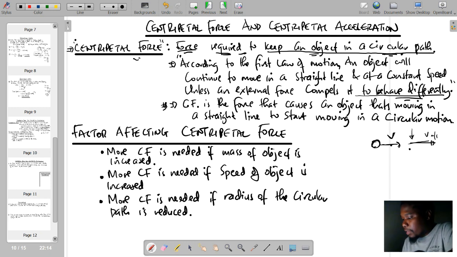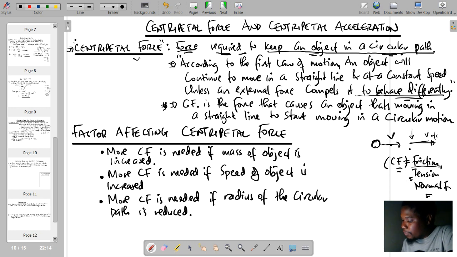The other thing I want you to understand is that centripetal force is not a type of force per se. It's simply any force that keeps an object in a circular path. It can be friction, it can be tension, it can be a normal force, it can be so many other types of forces.